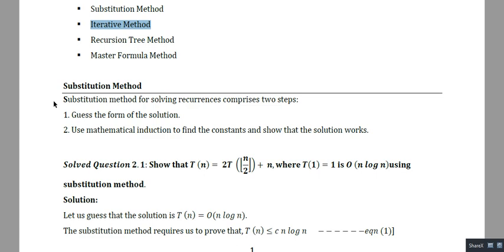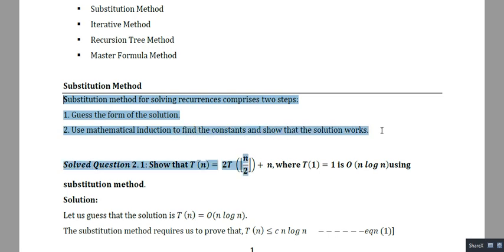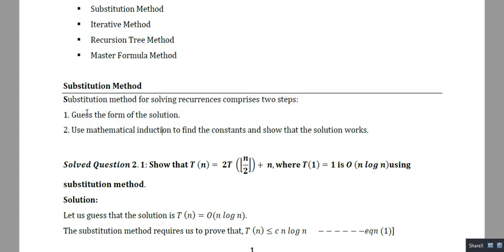This method is useful for people who are quite expert or who know the time complexity or the solution of the algorithm well beforehand. Otherwise, to prove that a particular recurrence has a given time complexity, we can apply the other three methods, like the iterative method, recursion tree method, or master method, to guess the solution.